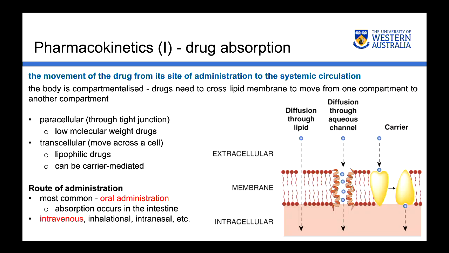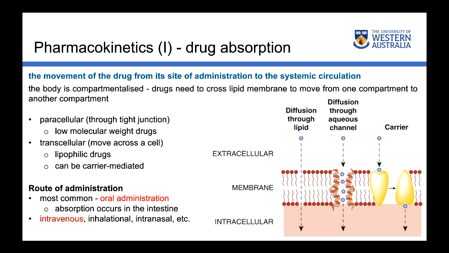Now for some water-soluble drugs, they can cross the cell membrane using aqueous channels. But for drugs that are lipophilic, they can cross the cell membrane through the lipid bilayer. Some drugs can be transported to the other side of the cell membrane using transporters. So that's the first time I talk about transporters, like carrier proteins.